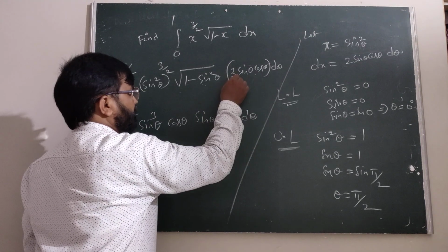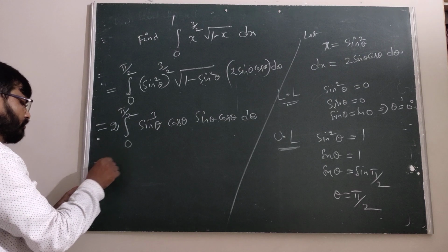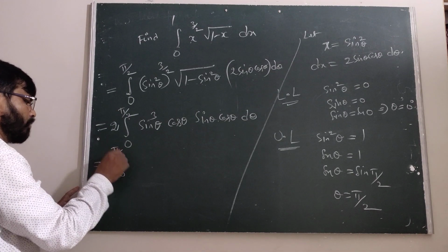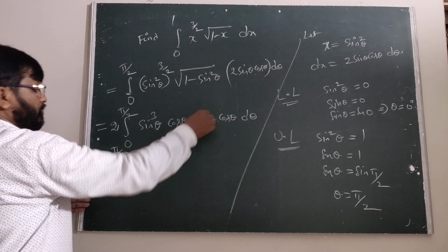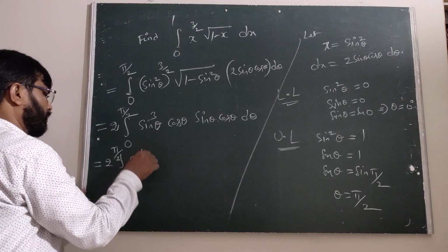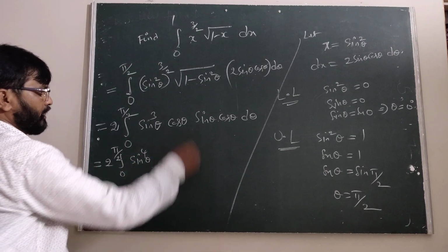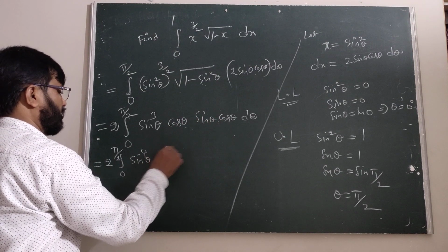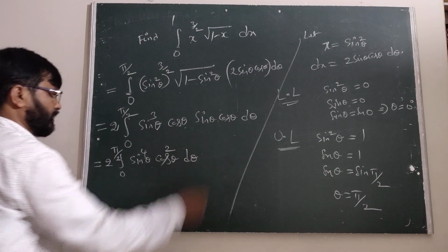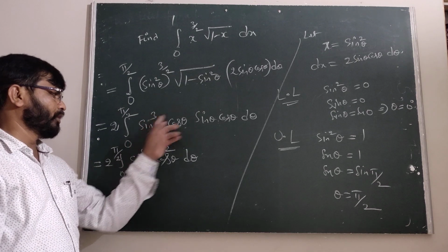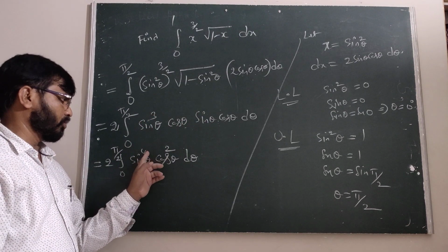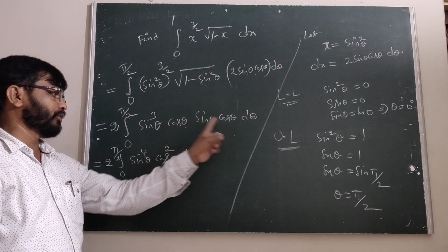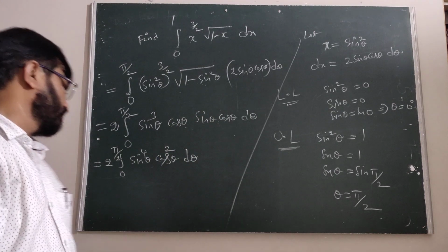We write the 2 at the beginning. Now this is the integral from 0 to pi by 2 of sine power 4 theta, cos square theta d theta. Here sine cube into sine power 1 is sine power 4, and cos into cos theta is cos square theta.